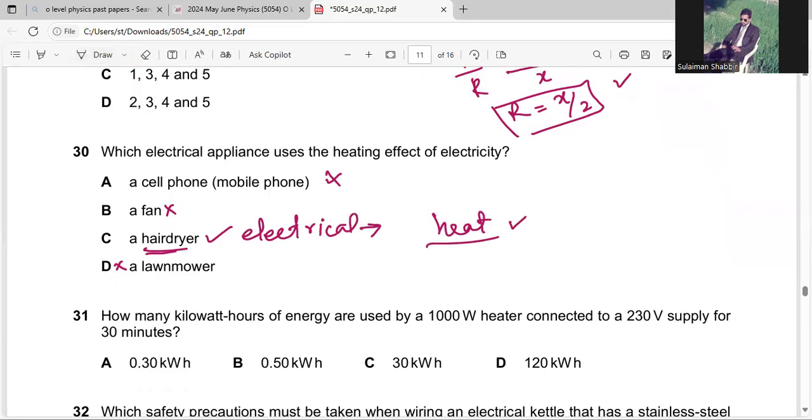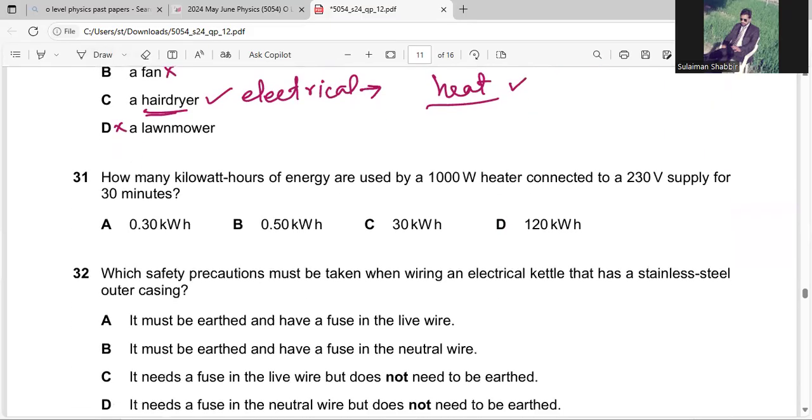In the next one, he is saying how many kilowatt hours of energy can be used by a 1000 watt heater connected to a 230-volt supply for 30 minutes. So how much energy can be produced? 30 minutes is 0.5 hour, and 1000 watt is 1 kilowatt.